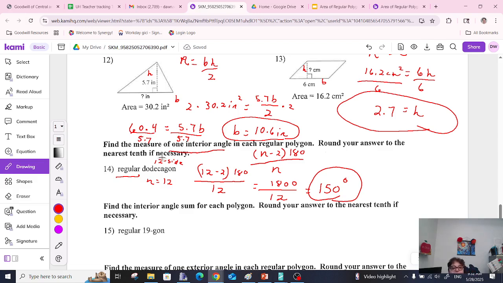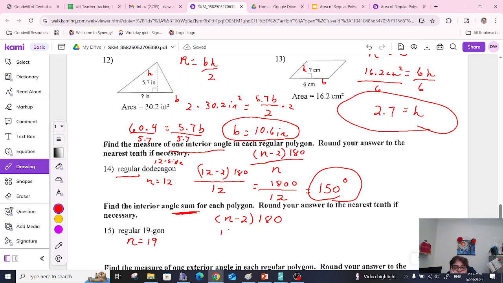Okay, now this one says sum. Sum means you would not divide by n. They want what the total is. So this formula is n minus 2 times 180. Right? Okay, if it's a 19-gon, that means n is equal to 19.